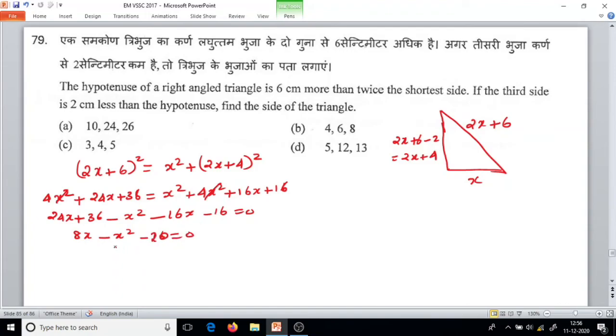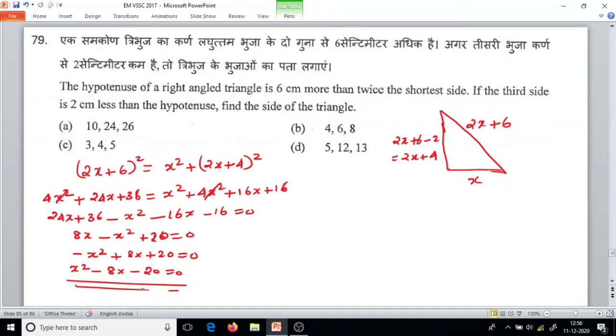So minus x square plus 8x plus 20 equals 0. Now we multiply this whole equation by minus 1, so that our x square term will be positive: x square minus 8x minus 20 equals 0.